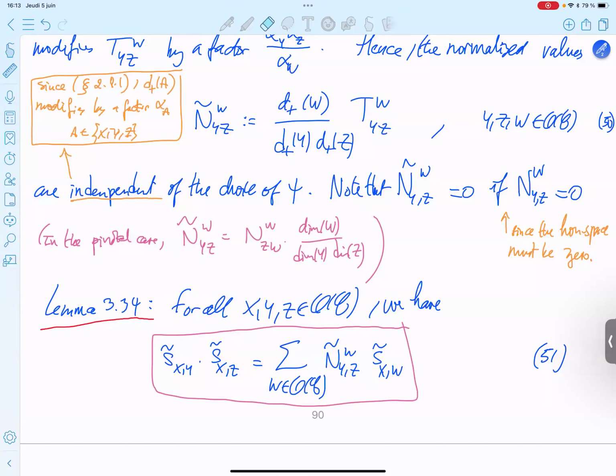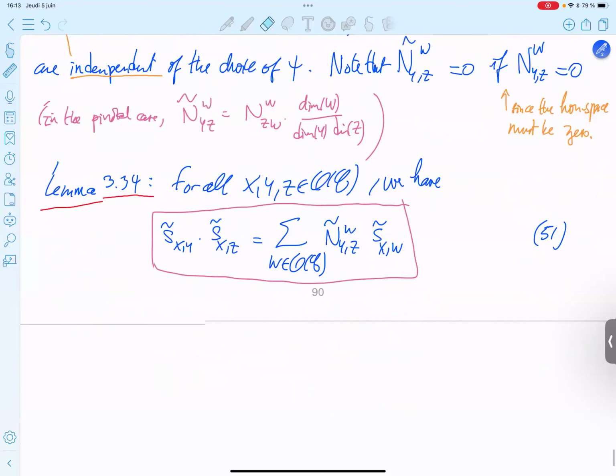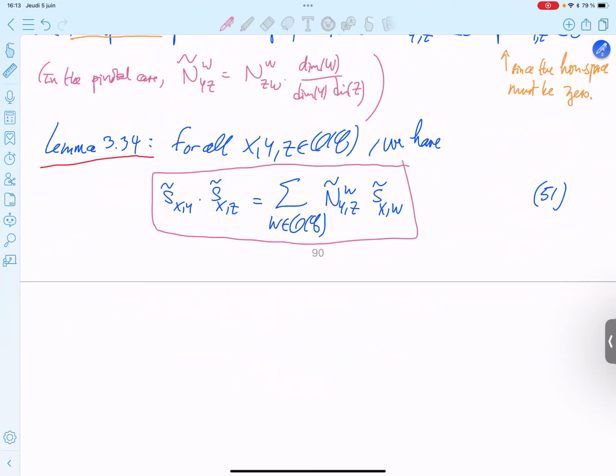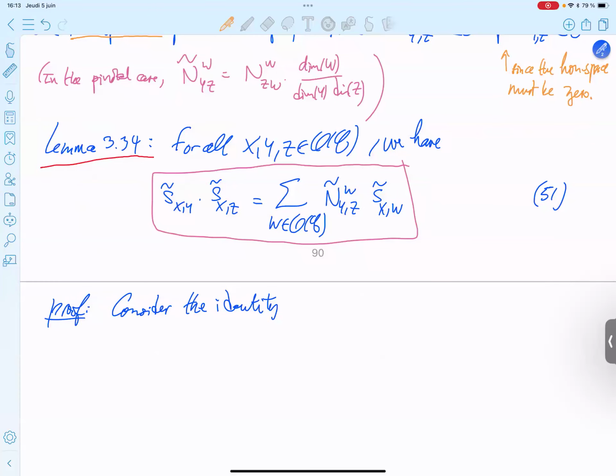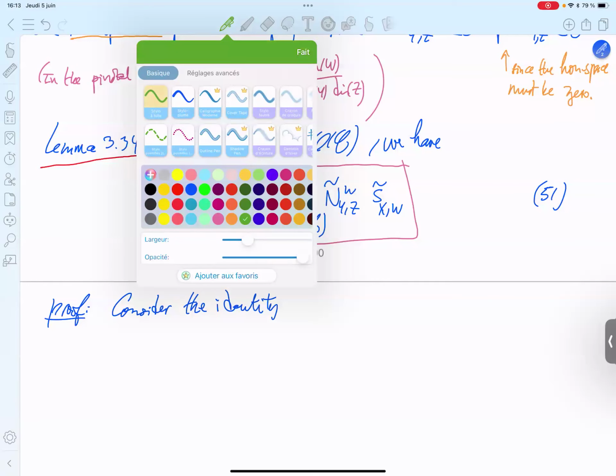So let us prove this non-spherical variant of the formula. And so now the pictorial proof will come back. So proof. Okay. So consider the following identity coming from the hexagon axiom. So maybe this color there.